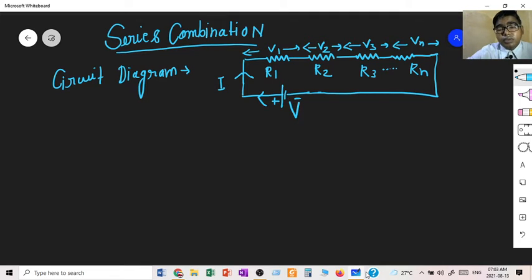And this current I will pass through all the resistors because the current emitting from this battery has no other route to go through. The same current I will pass through R1, R2, R3 and Rn, and it will return and come back to the battery.